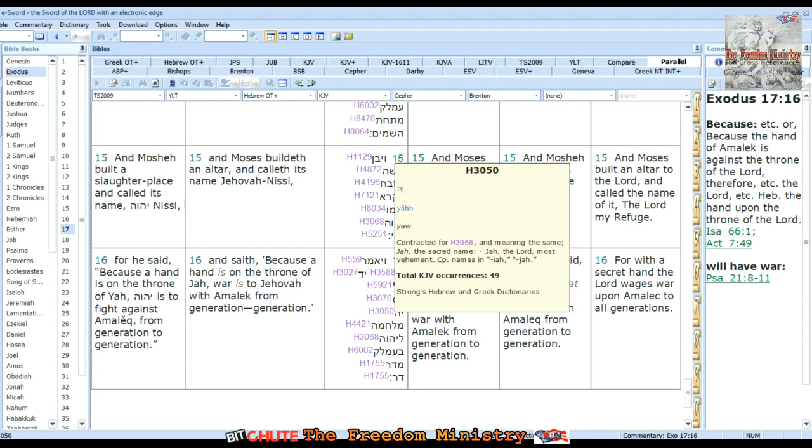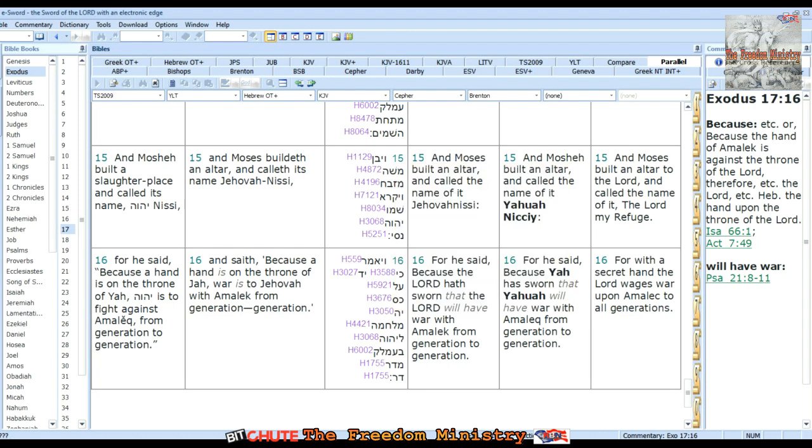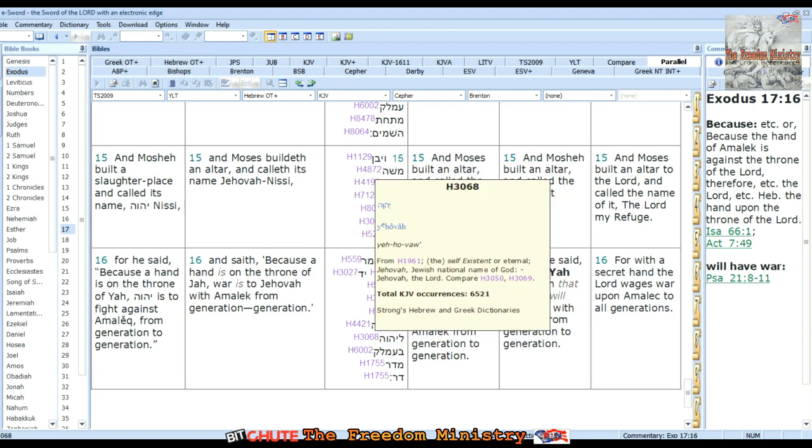But it's certainly 3050, Yah, contracted for H3068, Yahuah, meaning the same, the sacred name. And here we go. We then see Yahuah, yod-hay-uau-hay.